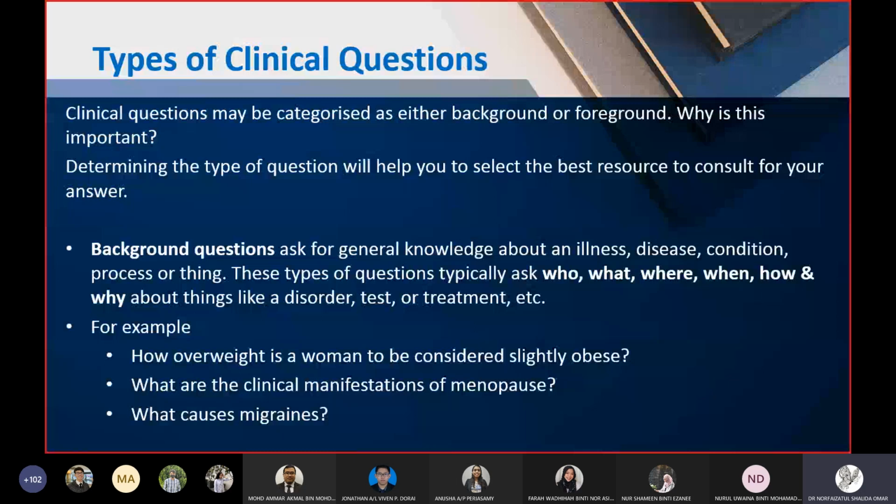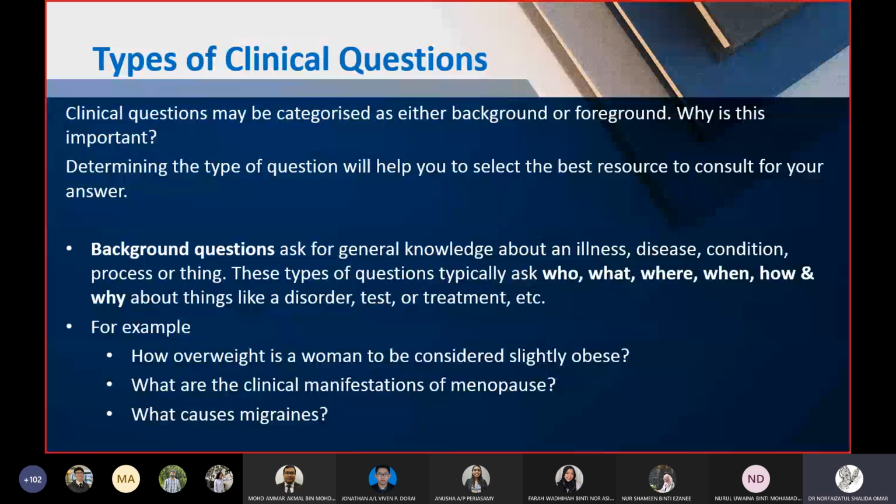A background question is a general question about the illness, the disease condition, the process. Typically you ask who, what, where, when, how, and why. Examples are: what are the clinical manifestations of menopause, what causes migraines, how can we prevent COVID-19, what are the treatments of COVID-19. All of that is just background questions.